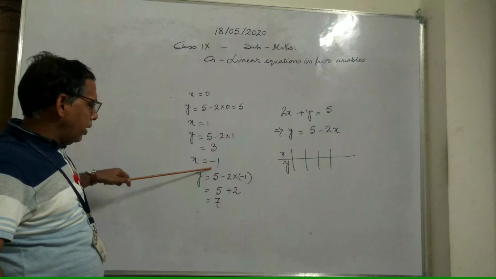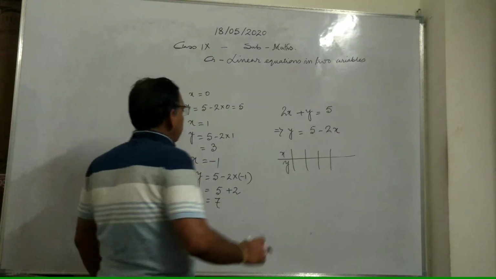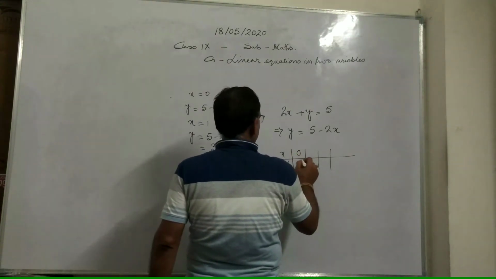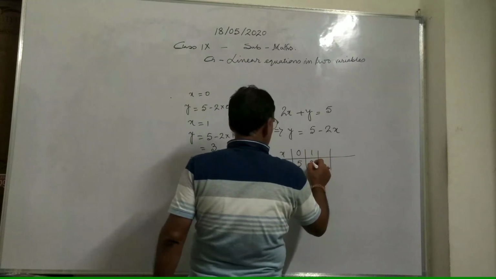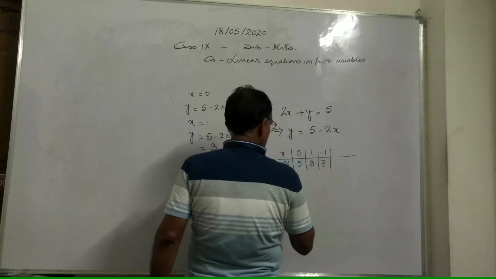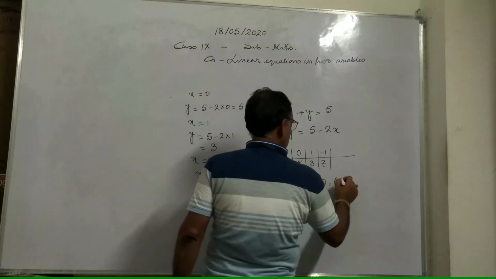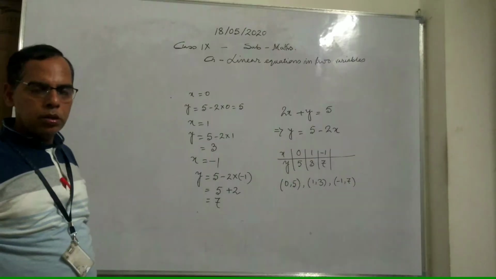But the less the value of x, the more the value of y. And so we can write 0, 5, 1, 3, minus 1, 7. Clear, my dear students?